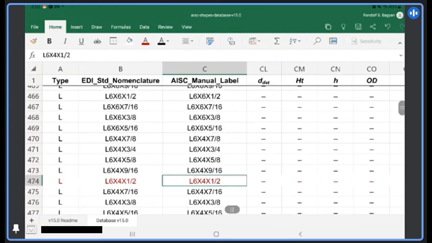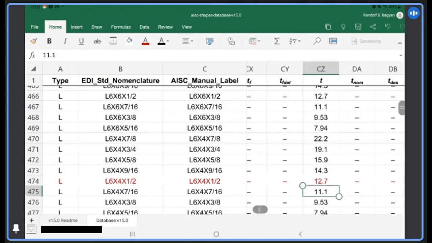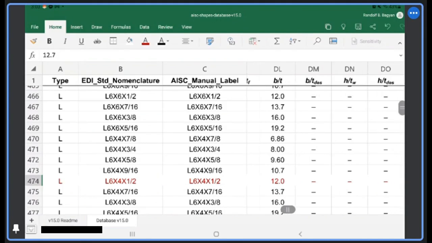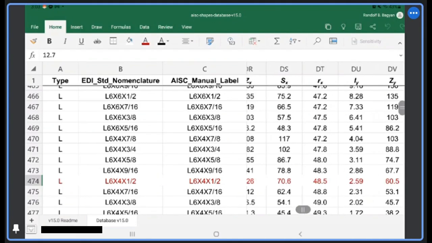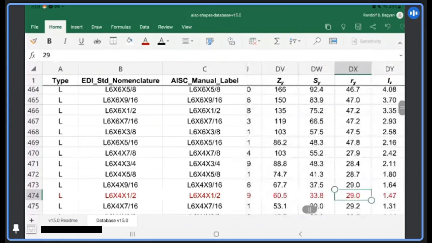Radius of gyration, minimum. R sub x is 48.5, r sub y is 29.0. So this is our nearest trial section, L6 by 4.